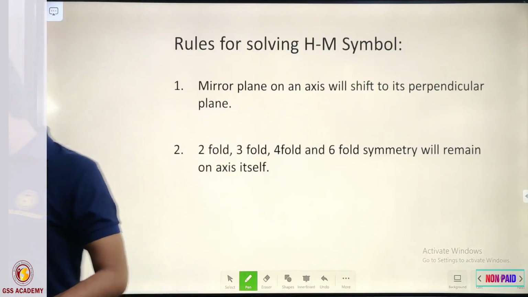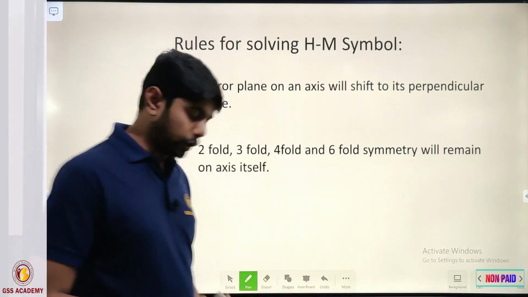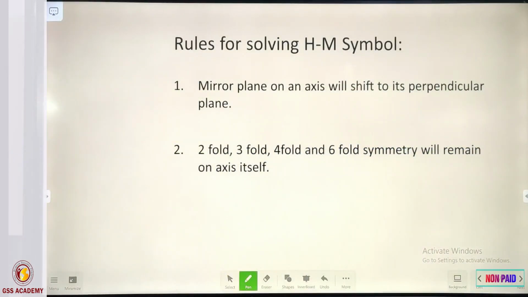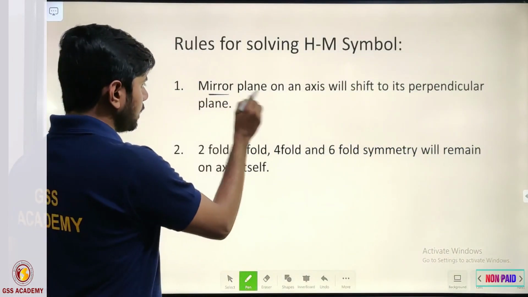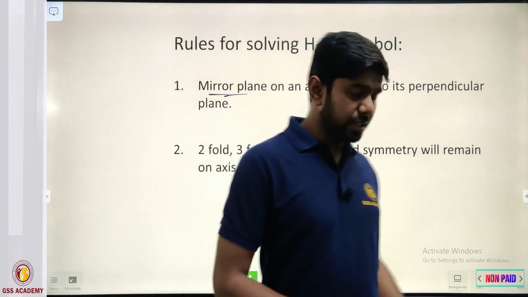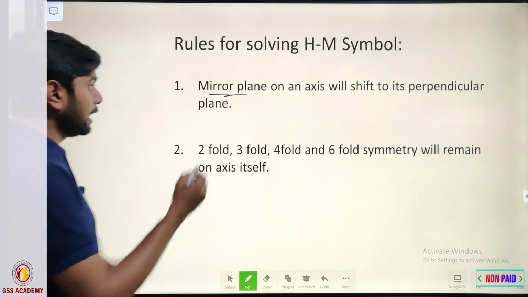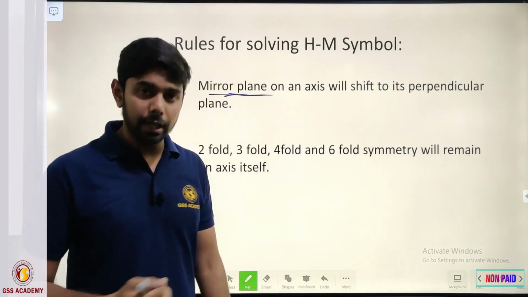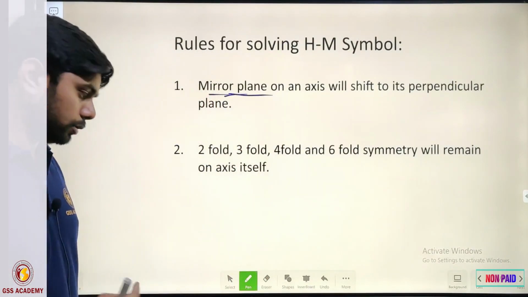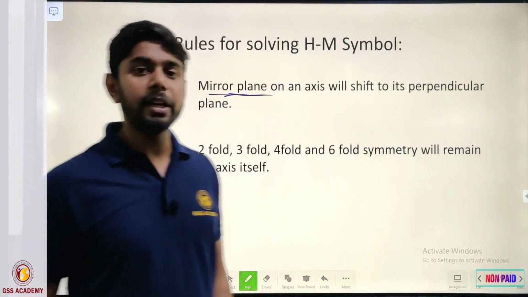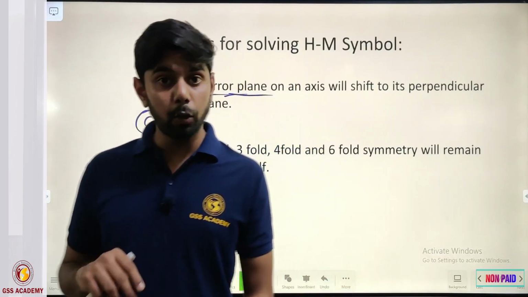So these are the 2 golden rules for solving the HM symbols. I think you need to write it down, because the main thing, in which most of the students get confused, is the mirror plane. Whenever we encounter a mirror plane, if we have a mirror plane on the C axis, it will always be reflected on its perpendicular plane.